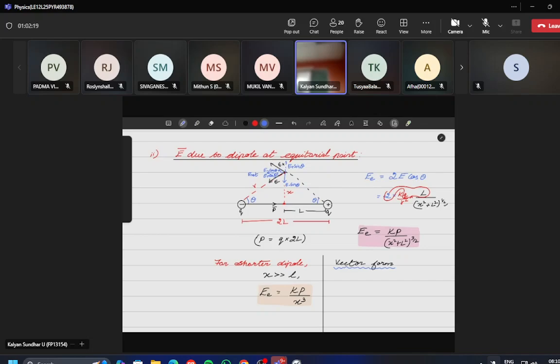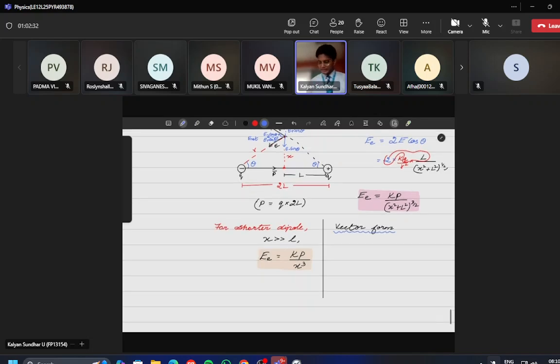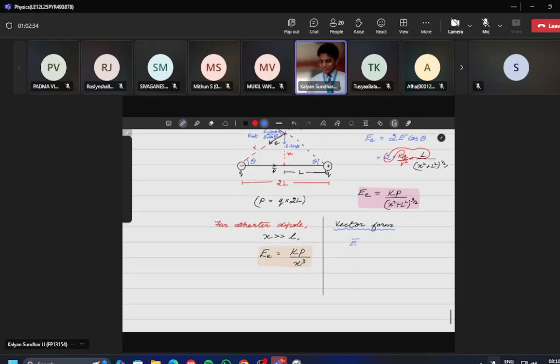Same. Opposite. E positive, this is the E net direction. Right? So it will always be so. Even if you switch it, again the same thing. At the equatorial point, your dipole moment and electric field will not be in the same direction. They will be in opposite directions. So you will write it as E cap along equatorial equal to minus of kp bar divided by x cube.